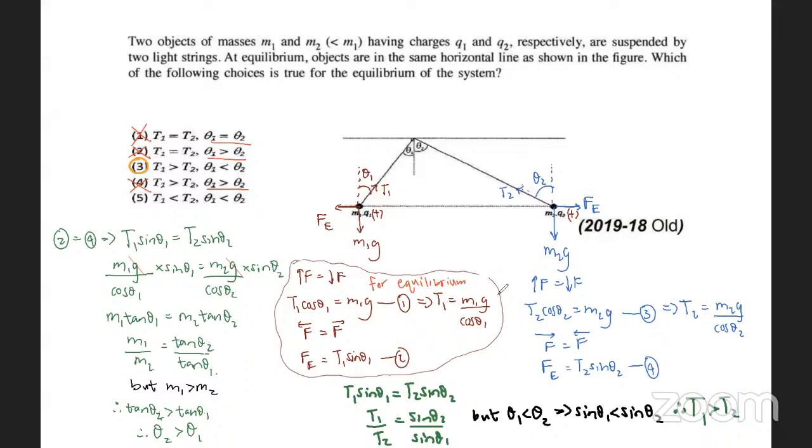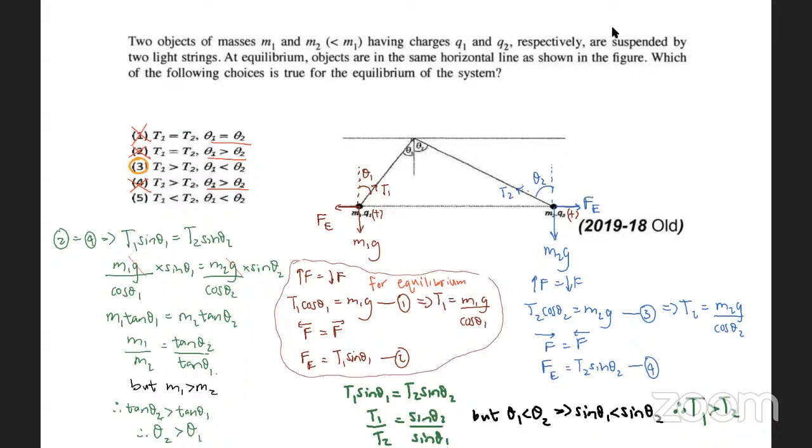Right, good. So the answer is the third. A bit of maths is involved, that you have to do carefully. Not very difficult to understand, but we have done so many such questions in physics past papers.